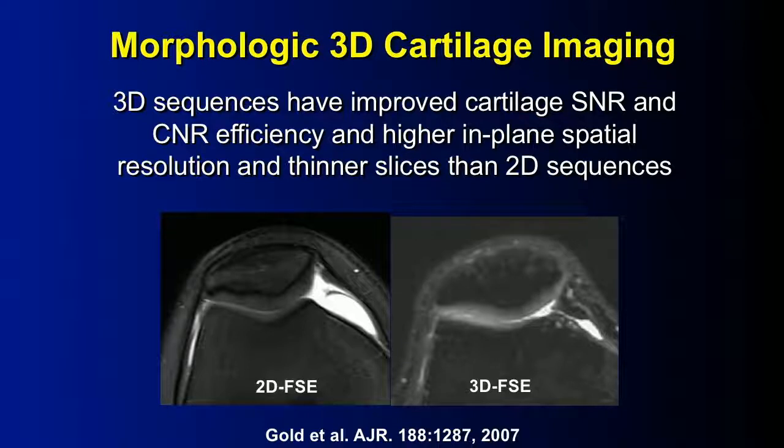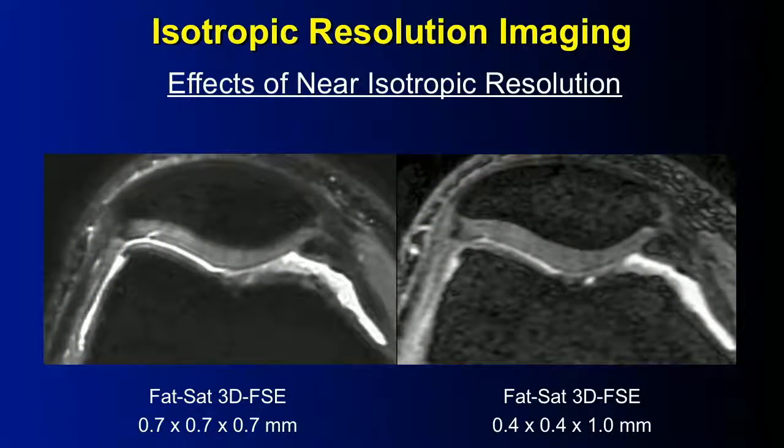And we believe this is due to blurring from the long echo trains to get this 3D acquisition down to a reasonable scan time. Here's an example of, on the left, FatSat 3D fast spin echo at two different resolutions, showing that isotropic resolution in this case with a thinner slice of 0.7 millimeters shows this cartilage fissure to greater advantage than the thicker slice acquisition.